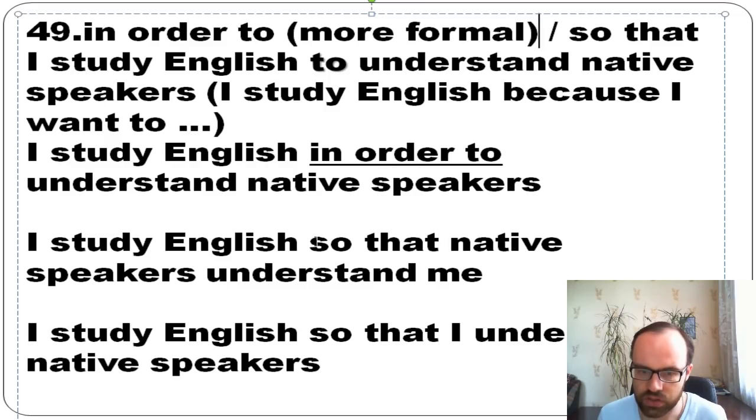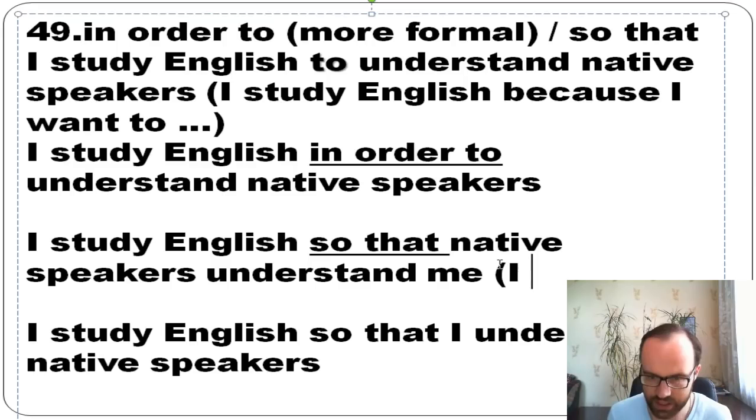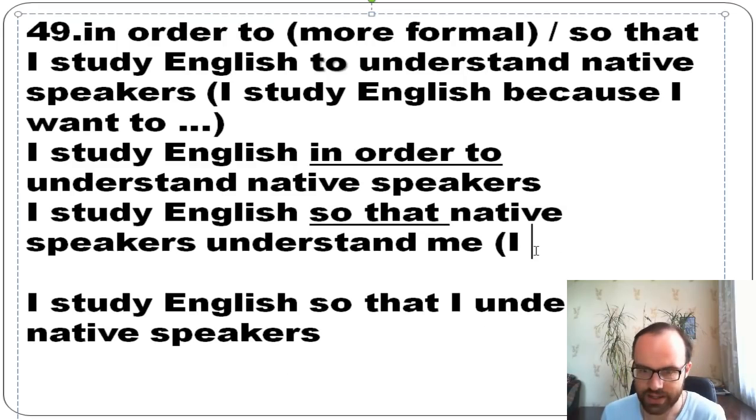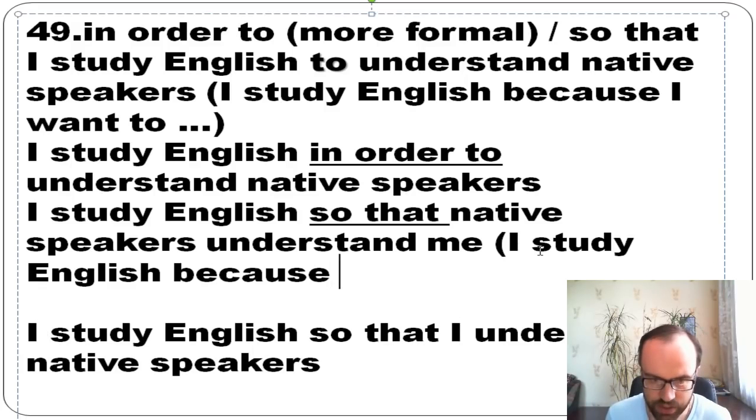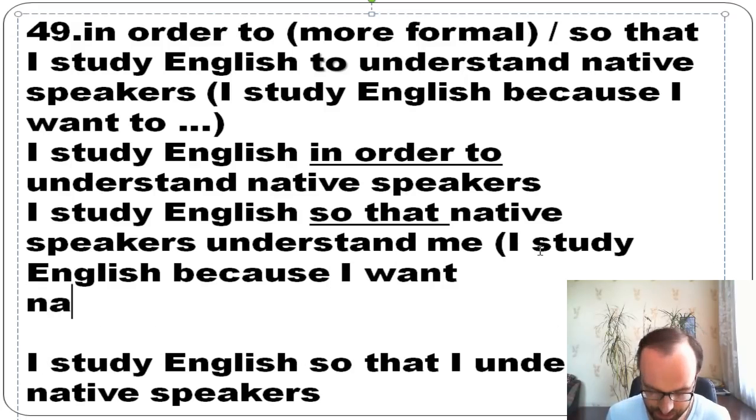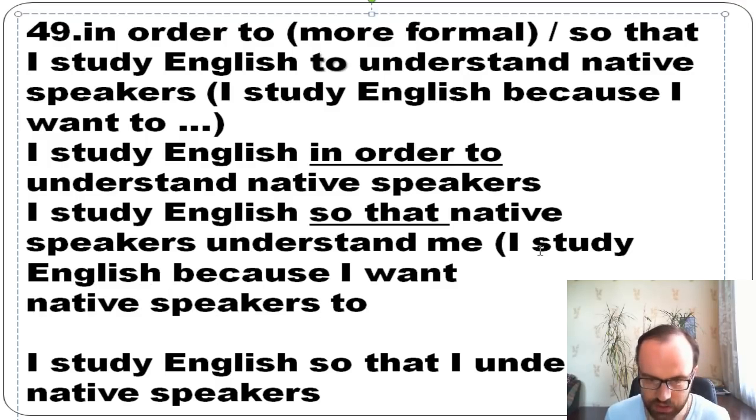Or you can also use so that. I study English so that native speakers understand me. It also means, so I study English. So what does it mean? I study English because I want native speakers to understand me.